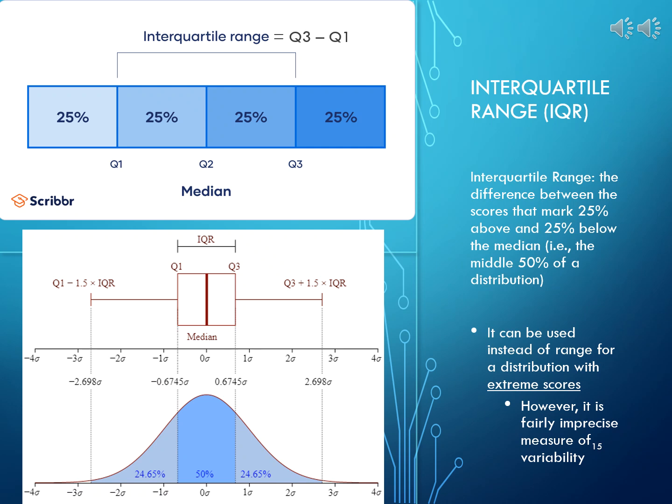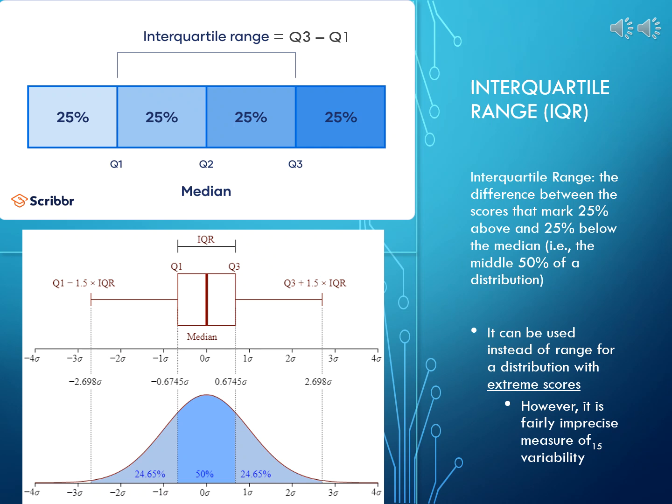If you look down at the actual curve of the distribution, you can see that 50% of the scores lie in that central bit. So you would have to figure out what the two scores associated with Q3 and Q1 are, such that 25% of the data is above Q3 and 25% of the data is below Q1. What are those actual scores? And we have to subtract them.